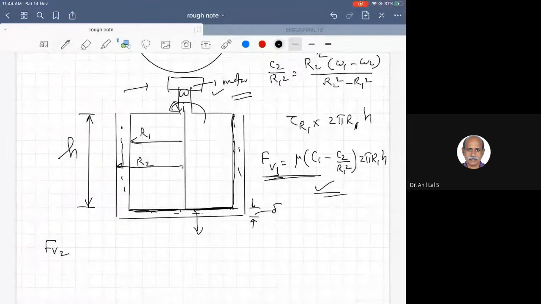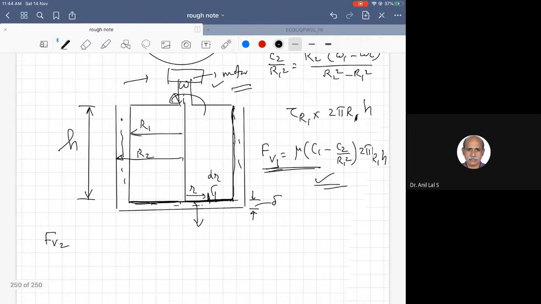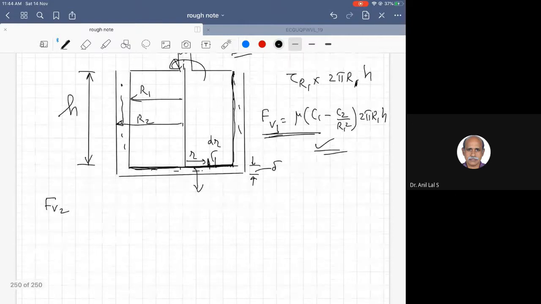Maybe at some radius r, you consider a small annular strip of radius dr. If you draw the top view, you'll have a circle.